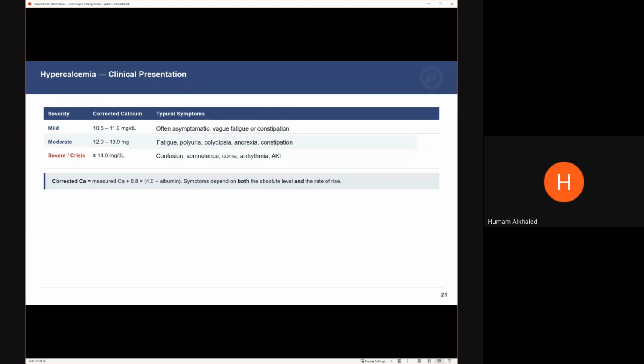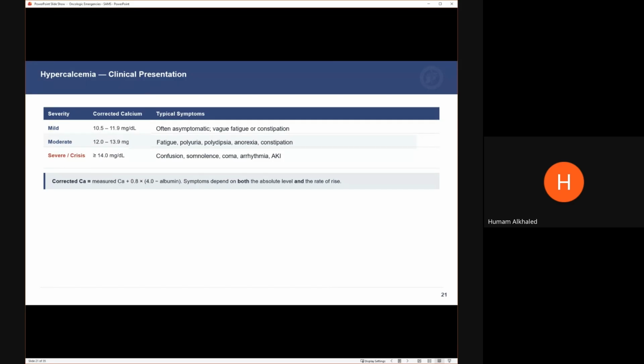How do we classify these patients? It's based on their symptoms and on the calcium levels. If we have a corrected calcium level between 10.5 and 11.9, this is usually mild, and most of these patients have no symptoms. Moderate hypercalcemia is 12 to 13.9.